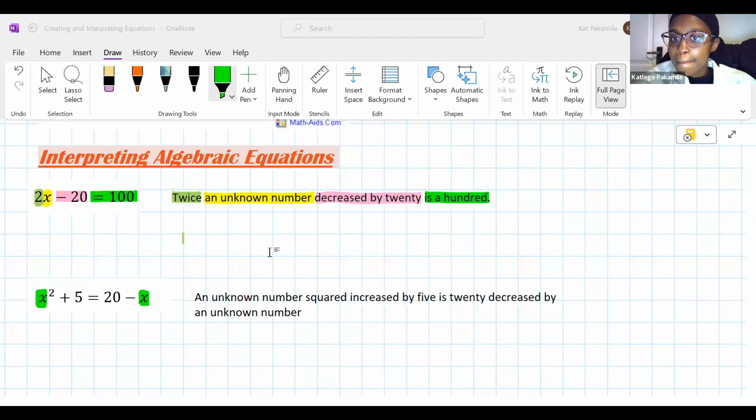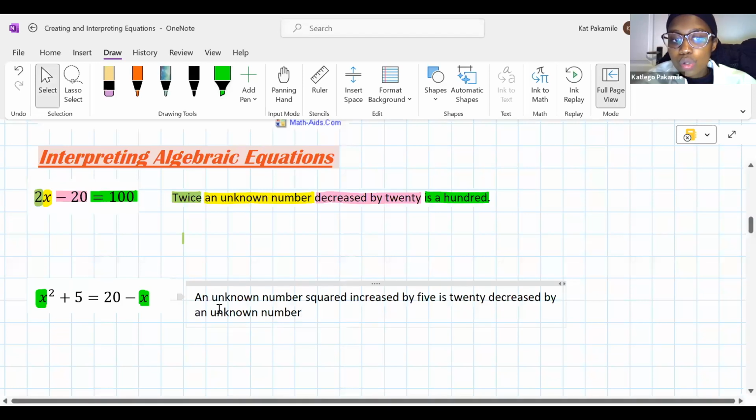Yes, ma'am. So how would you do that? What words would you use to make sure that people know that our unknown numbers are the same? Maybe I will say that the first one is squared, and the second one doesn't even have a number.